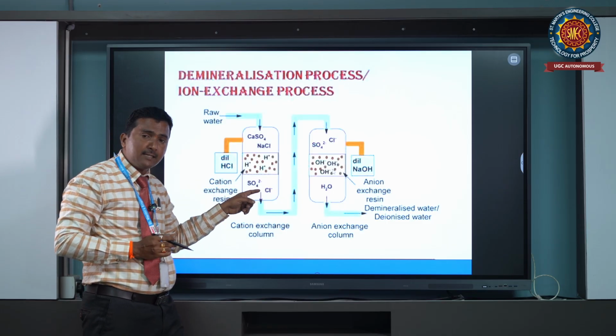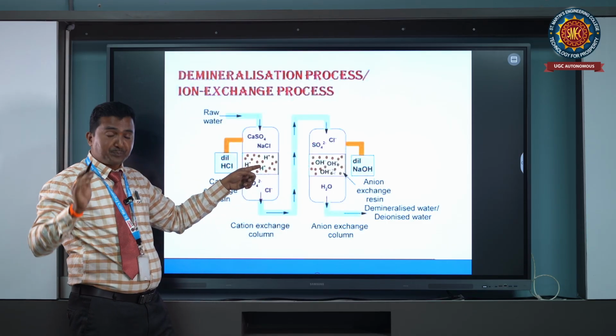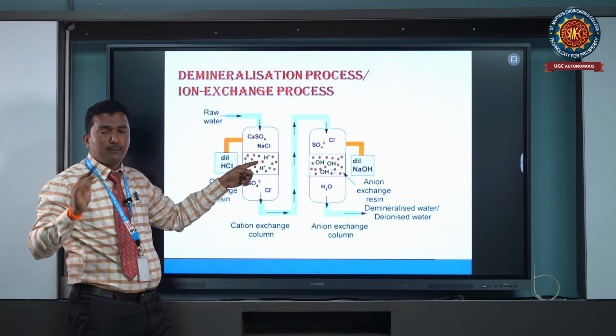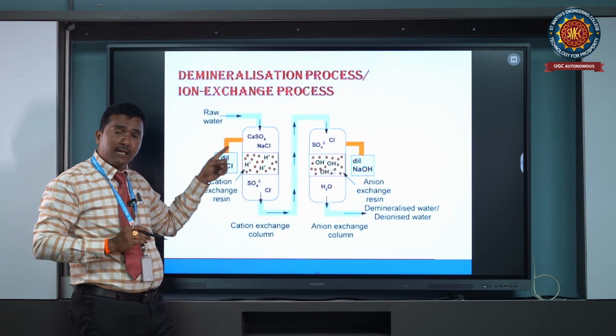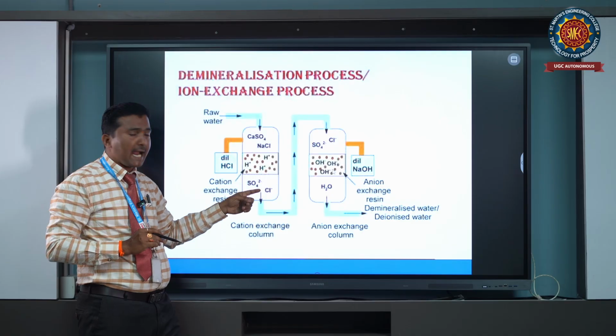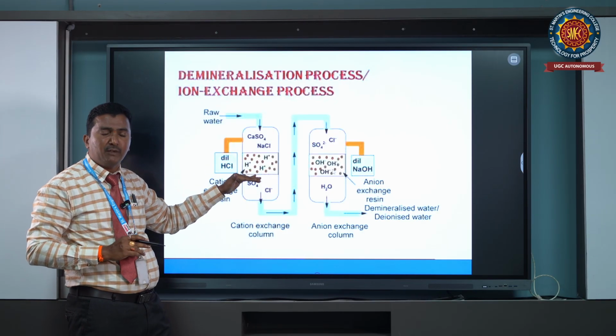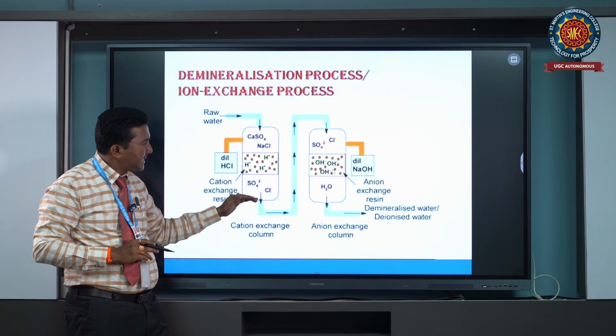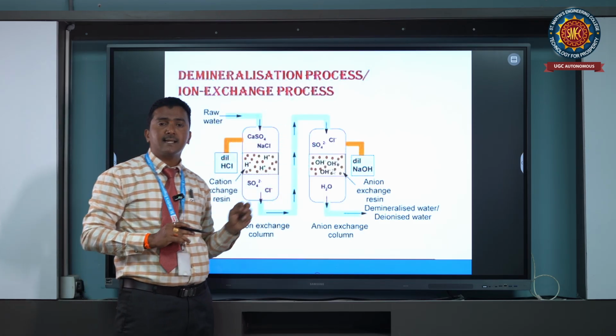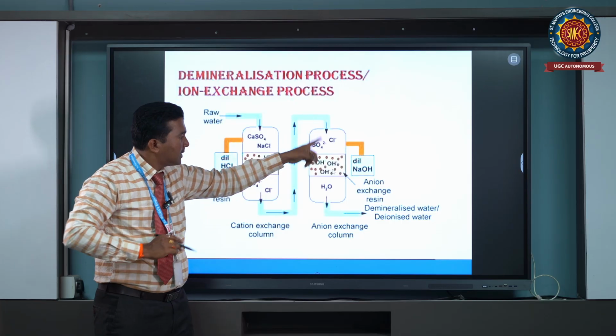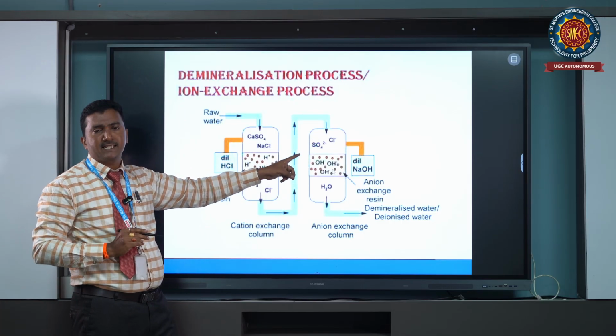The cations already in the cation exchange reagent are replaced by H plus ions. The H plus ions and the anions combine to form acids. After filtering, the water is acidic in nature. The acidic water is pumped into another column, which consists of anion exchange reagents.